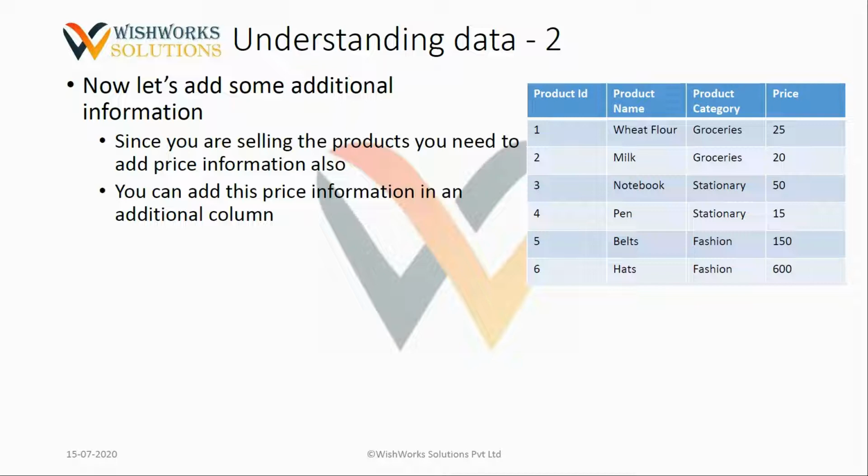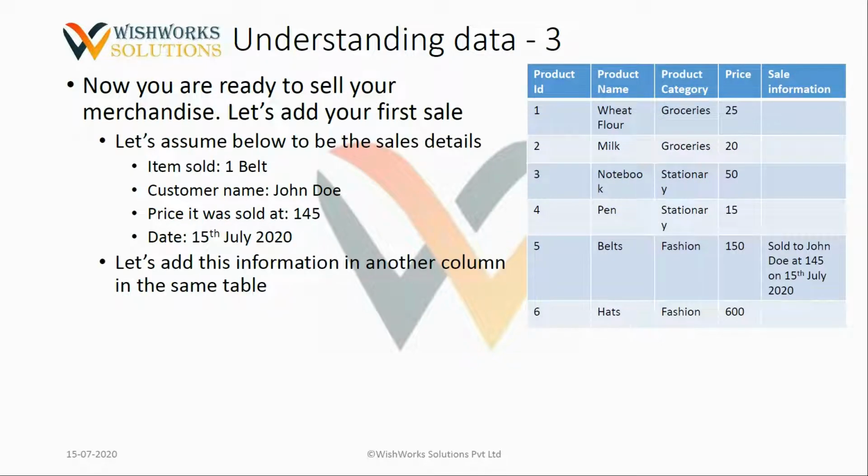Now let's add some more information, like assume that you're selling one of the items. This table talks about what you have and are ready to sell, but it does not tell you anything about the items that have been sold. Things like whom you sold it to, when you sold it, at what price you sold, and what was the item. So how do you store that information here?